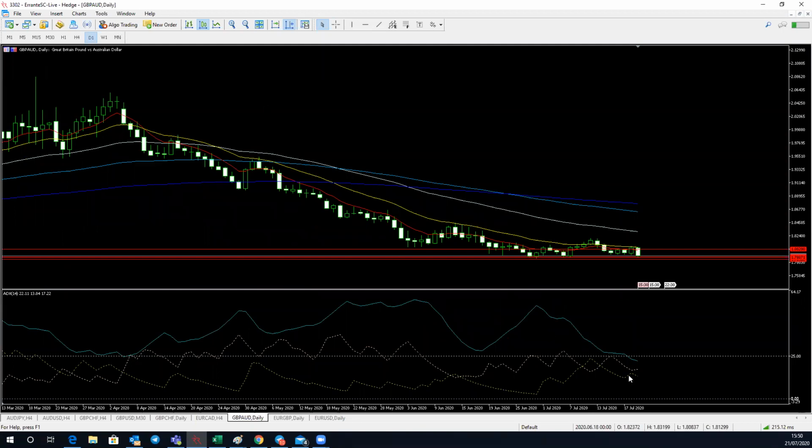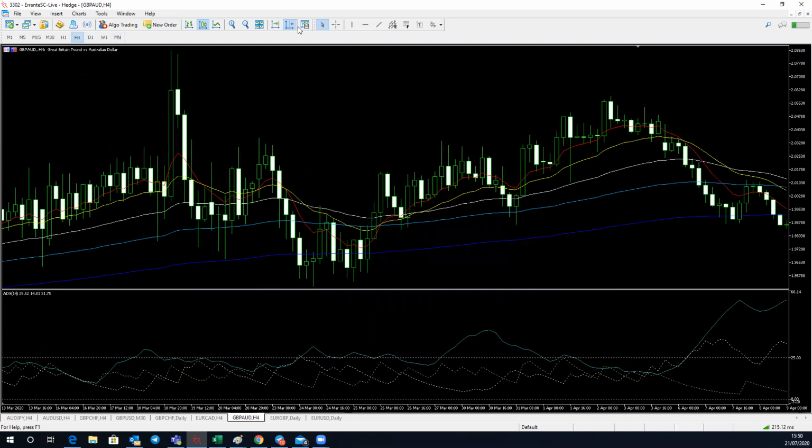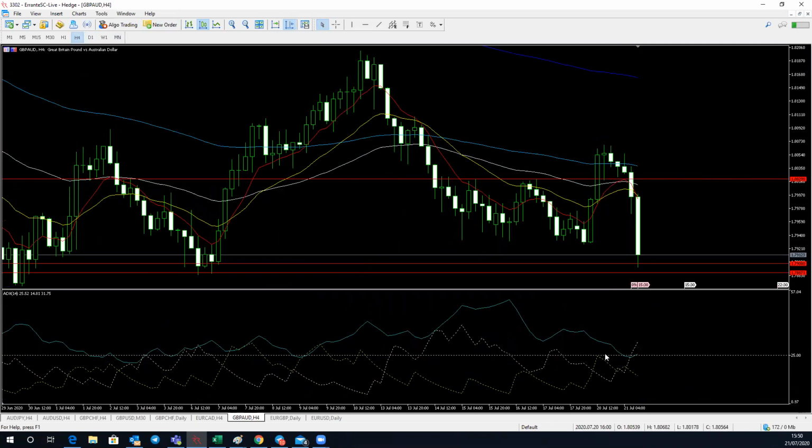Now the daily chart gives us this under the 25, which basically means it's not very strong as yet. But if we go onto the 4-hour chart, you can see that it's just picking up on the downside. Because why downside? Because this is all towards the downside for the GBP AUD.